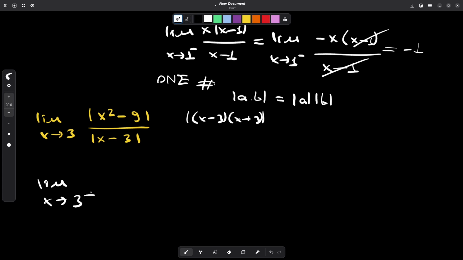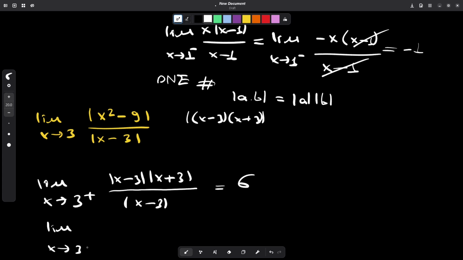Let's check it from the right side first. Absolute value of x minus 3 multiplied with absolute value of x plus 3 over absolute value of x minus 3. From the right side, I am greater than 3. Everything will come out as positive, so this limit is 6.